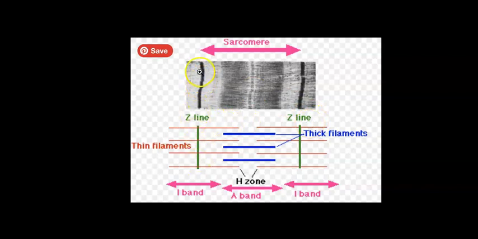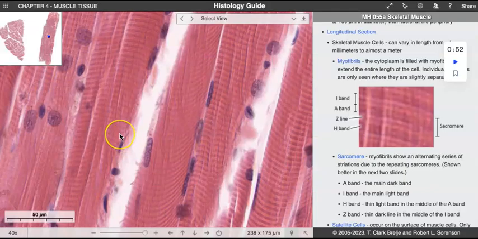And that dark line is the Z line. From one Z line to another is just one individual sarcomere. The dark area is this entire region, so you don't really see the M line that would be coming down the center. You just see it as a generic dark space. Okay, so that gives you that reference.